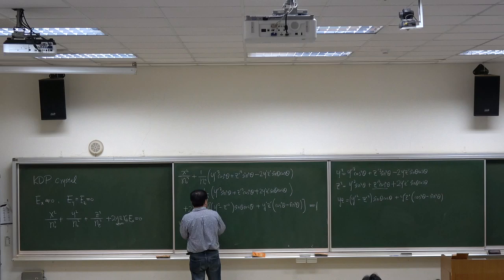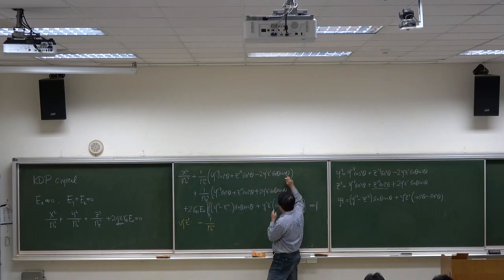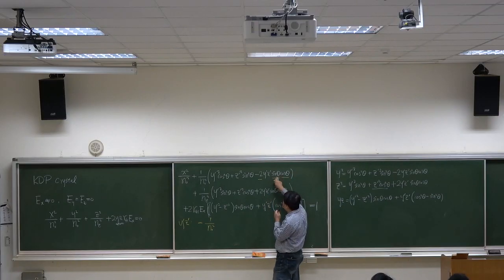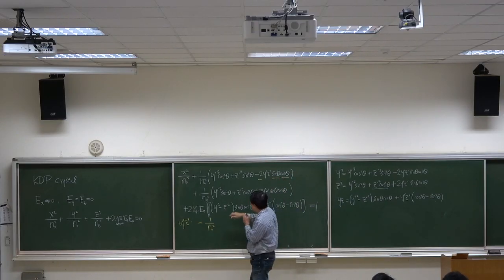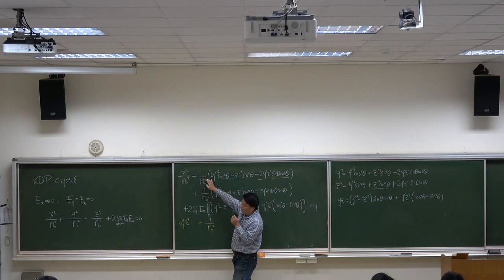We have minus 1 over no squared times 2 sine theta cosine theta, which gives us sine 2 theta. So minus sine 2 theta times y prime z prime times 1 over no squared.